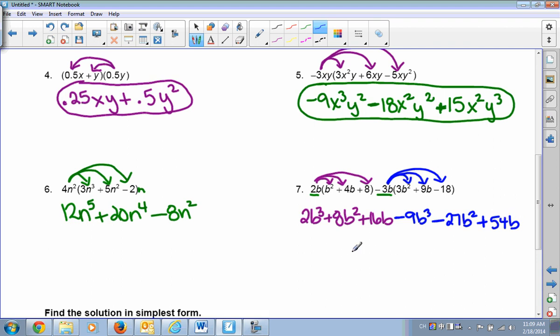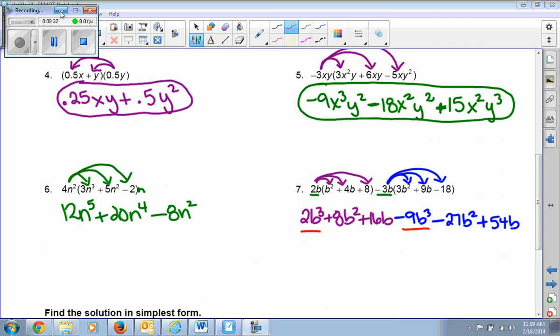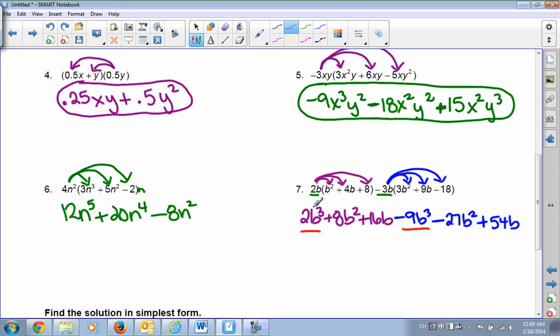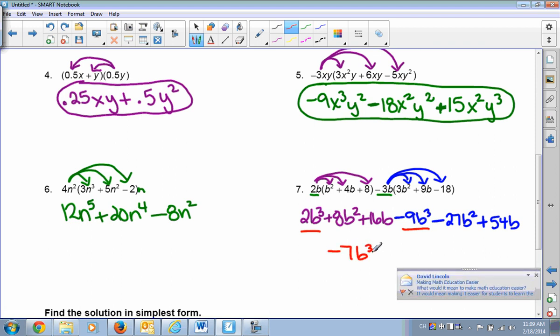This is yesterday's lesson. We are combining like terms. 2b cubed minus 9b cubed is negative 7b cubed. This is what we did yesterday.